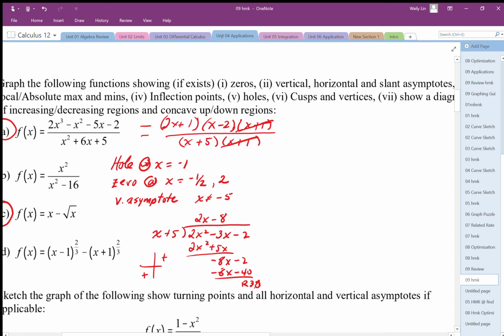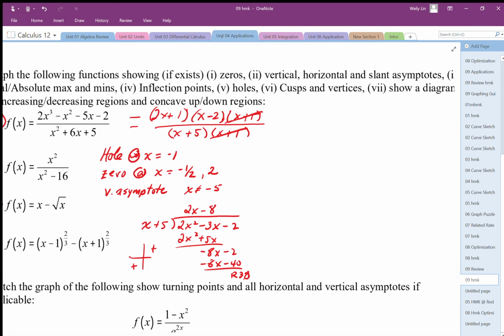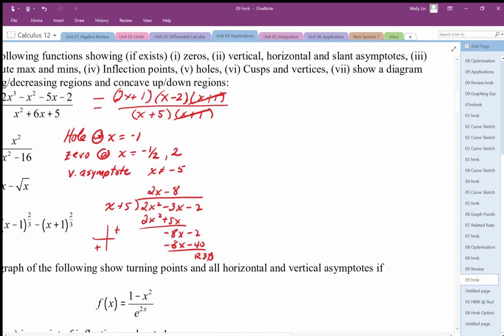We do want our minimum and maximum points, so we do want our derivative. So I'm going to take this equation and differentiate it. I think I'll differentiate it in this form: 2x squared minus 3x minus 2 over x plus 5.